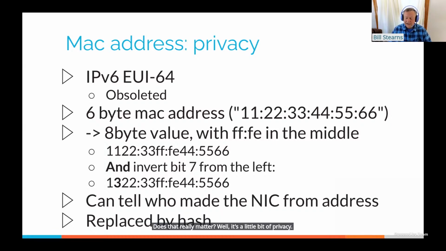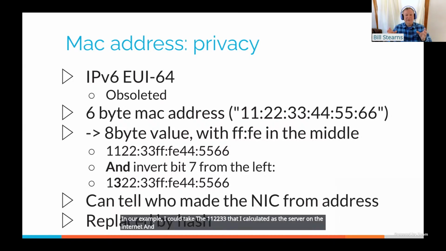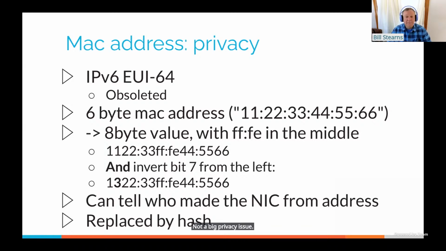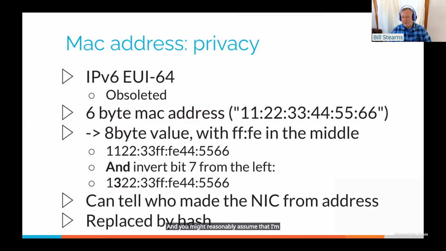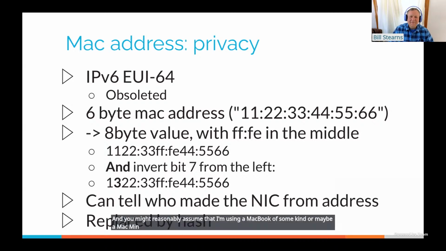In our example, I could take the 112233 that I calculated as the server on the internet, and I can look up in a table called the OUI, or Organizationally Unique Identifier table, and see who made the network card that Bill's laptop is using. Not a big privacy issue, but if you were able to do this for my laptop this way, you would see that I'm using a MAC address assigned to Apple. And you might reasonably assume that I'm using a MacBook of some kind, or maybe a Mac Mini or some other device. It's a little bit of privacy.